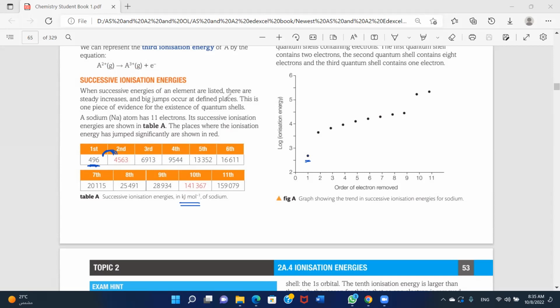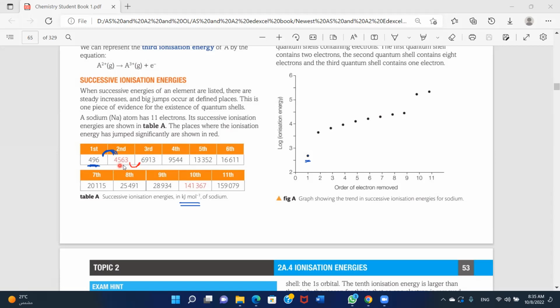Now, if we look here between 4,500 and 6,900, the difference is about 2,500. We do not consider this a jump. Why? Because this value is in thousands. So if a difference is also in thousands, we do not consider it to be a jump.